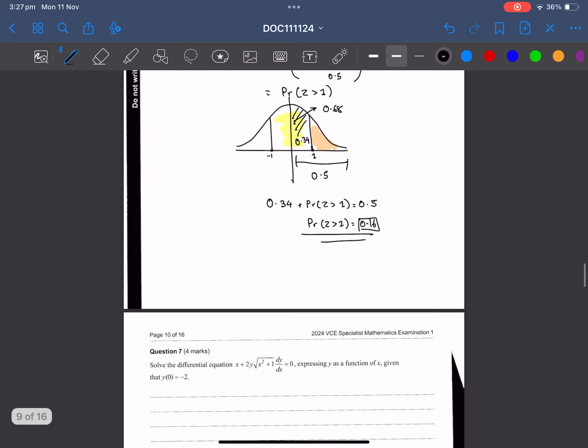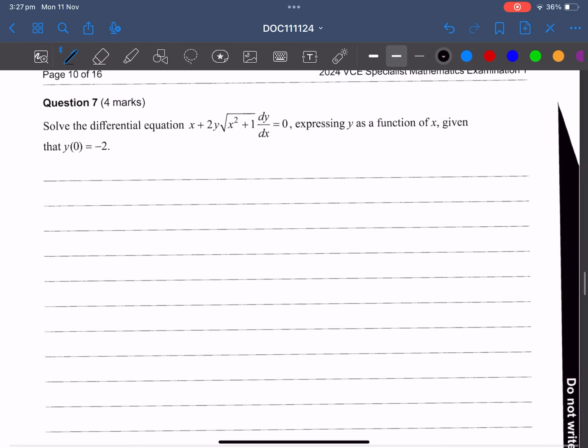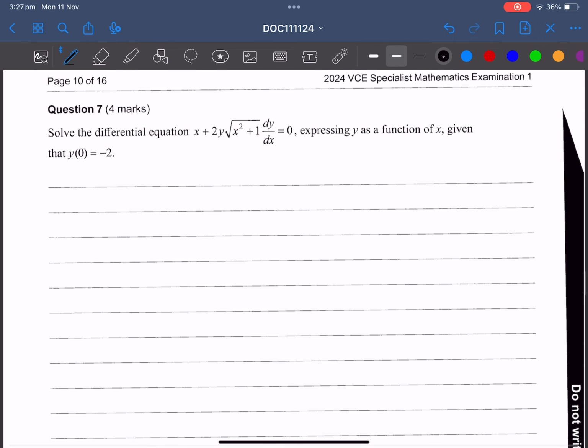Yeah, okay, cool. So solve the differential equation, expressing y as a function of x, given that y of 0 is -2. Okay, so x plus 2y (x squared plus 1) dy/dx is equal to 0. So we have 2y (x squared plus 1) dy/dx is equal to -x.